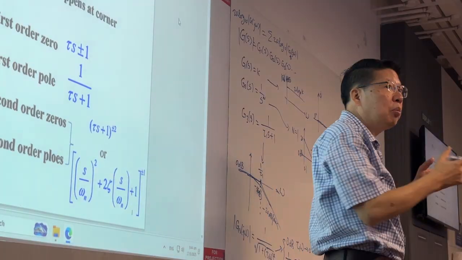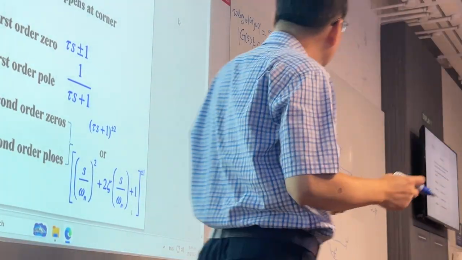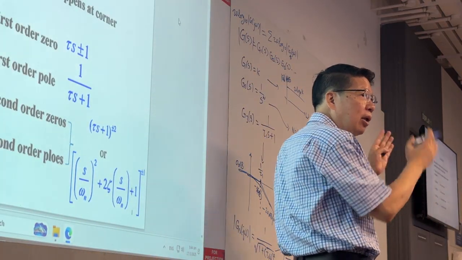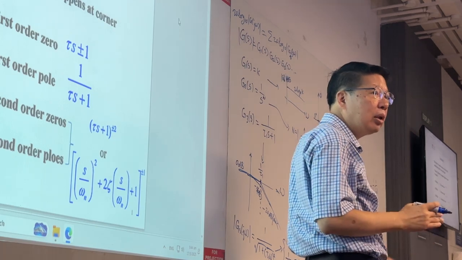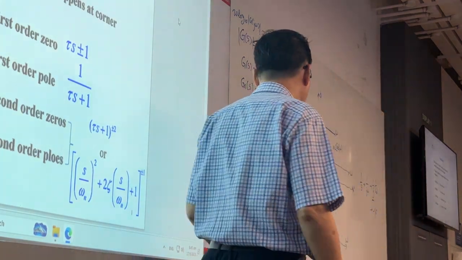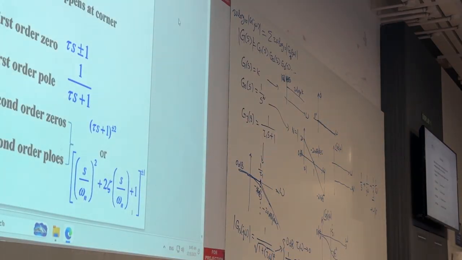So the multiplication becomes a summation, as we mentioned. Then in the Bode plot, we just look at each frequency and add up all the contributions. That's what we discussed last time.